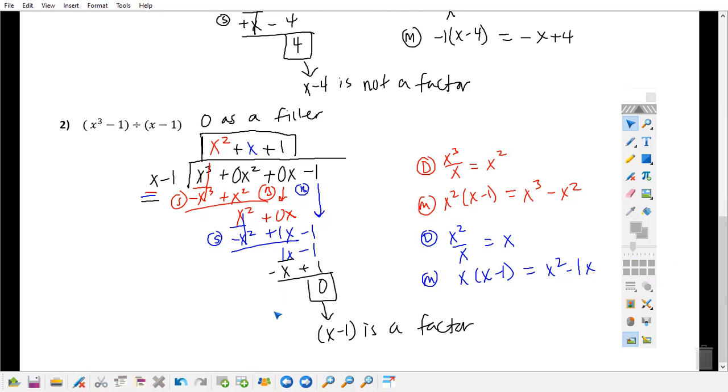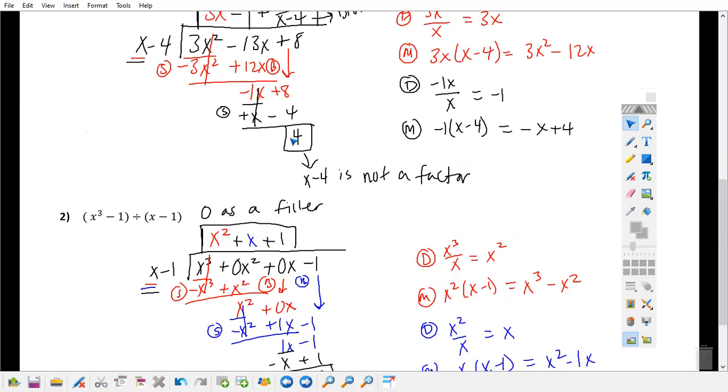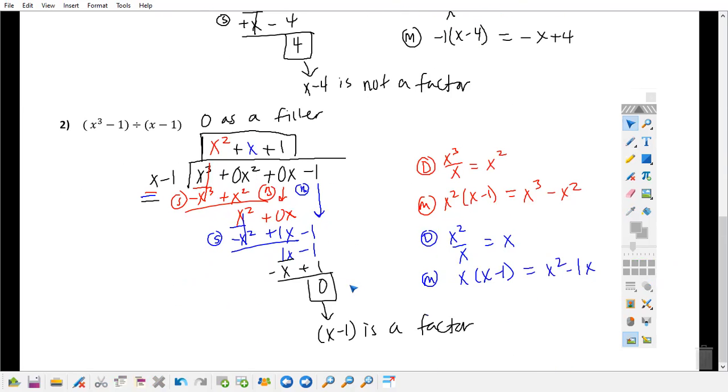So again, what's on the right-hand side is your thought process. If you have to write it out, then by all means, please write it out. But as you start doing it, you gradually have to write less and less. Okay, so do we understand the difference of how we know if a divisor is a factor or not? It's not a factor if there is a remainder. It is a factor if there is no remainder.